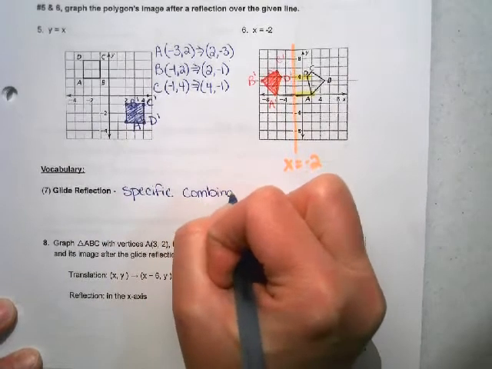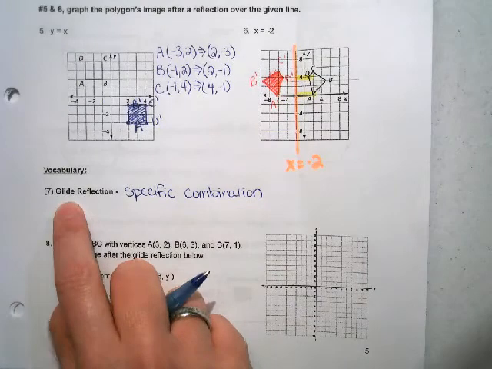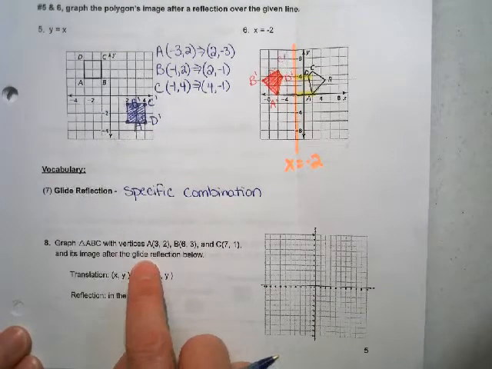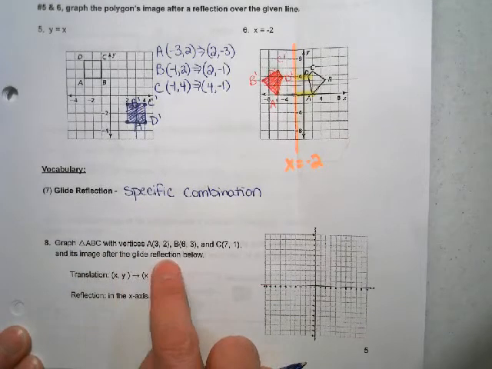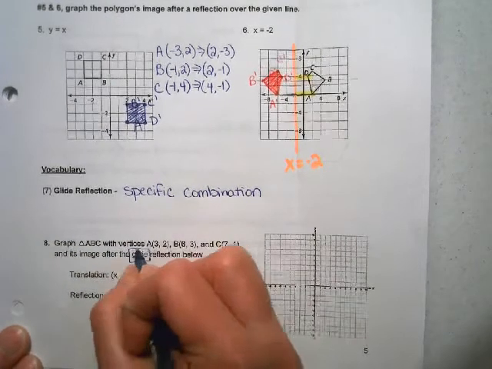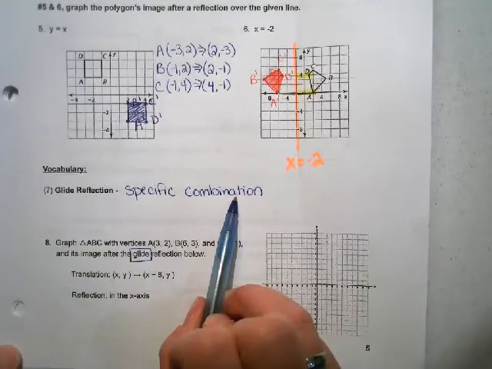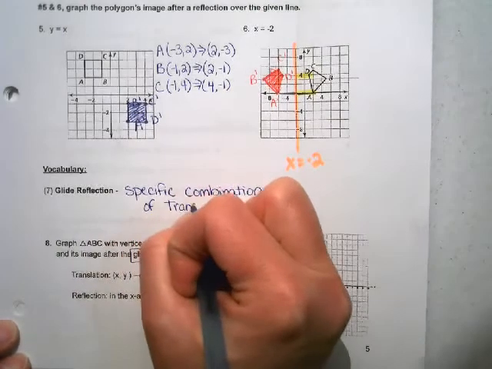All right, now, a glide. A glide is a very specific combination. You don't really have to worry about the word glide. Sometimes they'll just use it in the direction. So do you notice down here it says graph this triangle and its image after the glide.